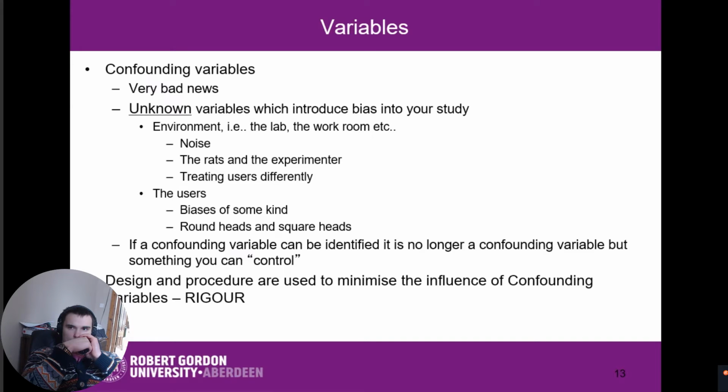This was an animal learning experiment which strangely went a bit strange, and it turned out to be a perfume called musk, which is a pheromone to rats, so they changed their behavior. Nobody had realized that that would actually happen. Okay? Or you could be treating your users differently. If you've got two evaluators, users could be reacting differently to them.